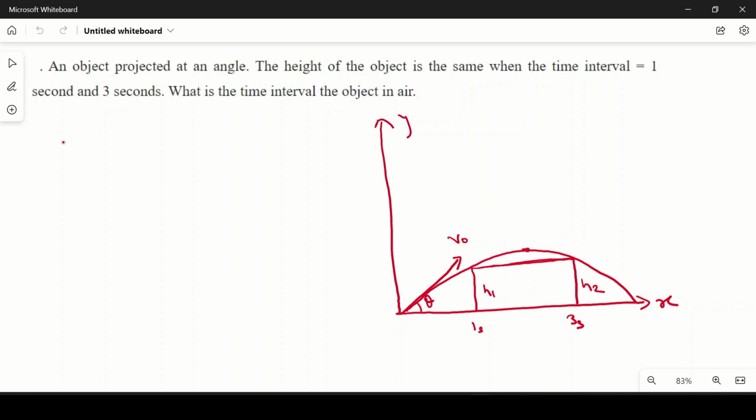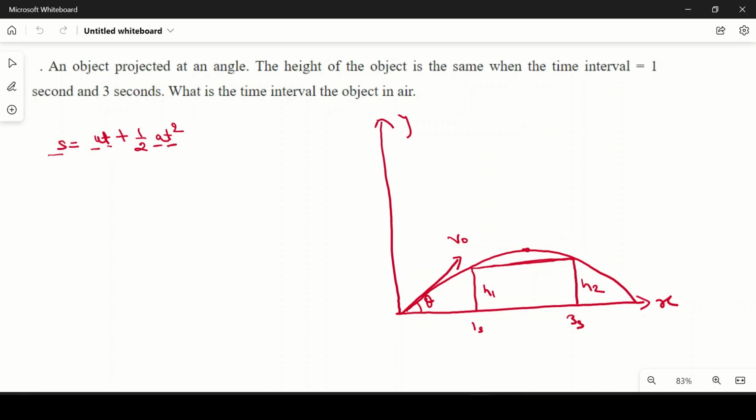So you can see that we have a formula s is equal to ut plus half at square. Here s is displacement, u is initial velocity in that direction, t is time, a is acceleration in that direction.